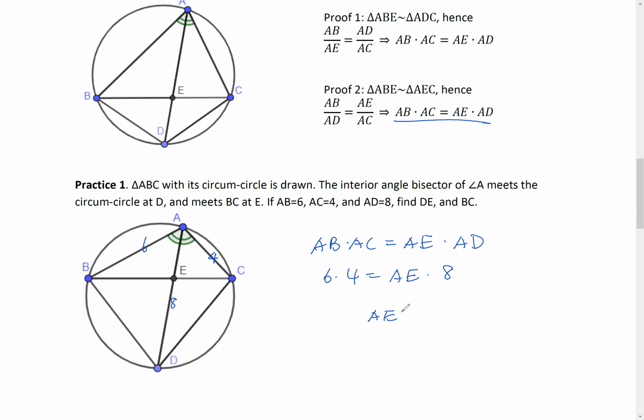So AE equals 3. And so ED equals 5. So I have 3 and 5 here. That was fast, no? Find BC. How do we find BC?